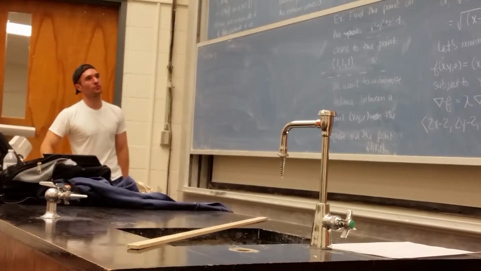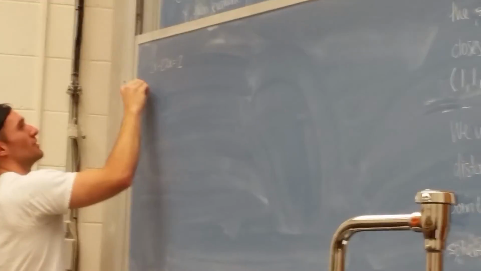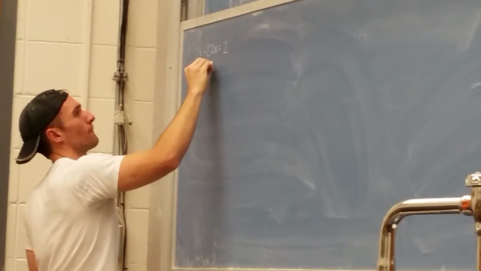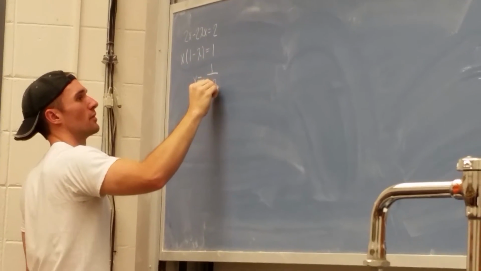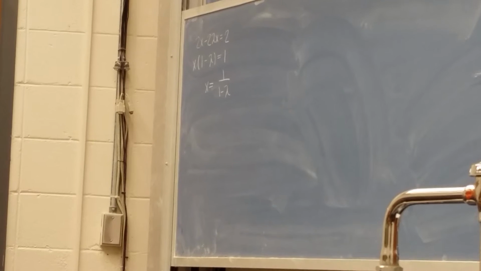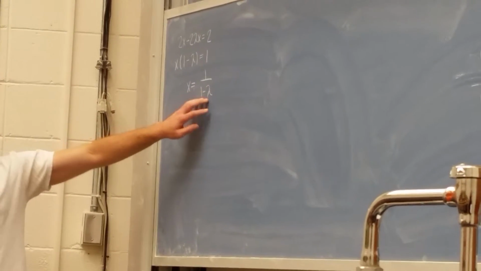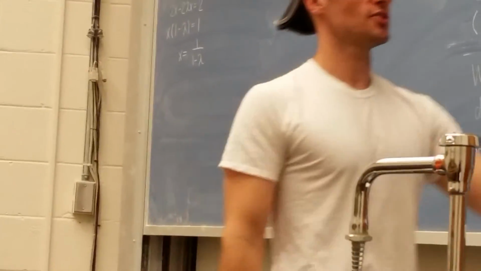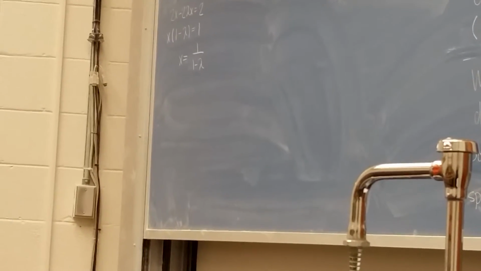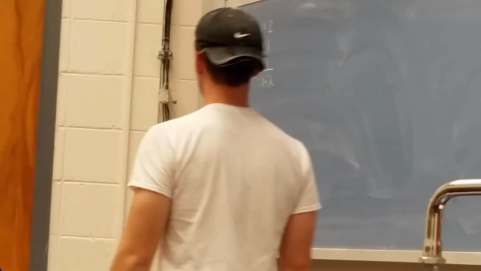In the first equation, I can rearrange terms: 2x minus 2 lambda x is 2. I can divide by 2 and factor out x. Dividing by 1 minus lambda would be a problem if, for instance, 2x minus 2 is 2x, which would mean negative 2 is the same thing as zero, which is not possible.